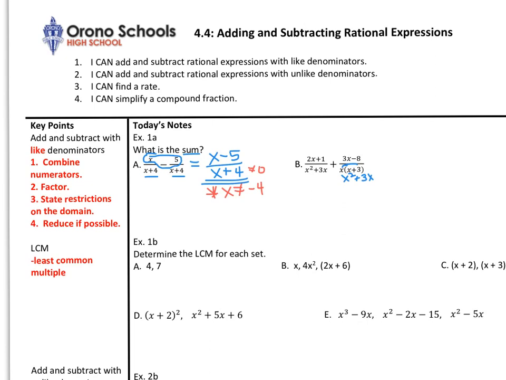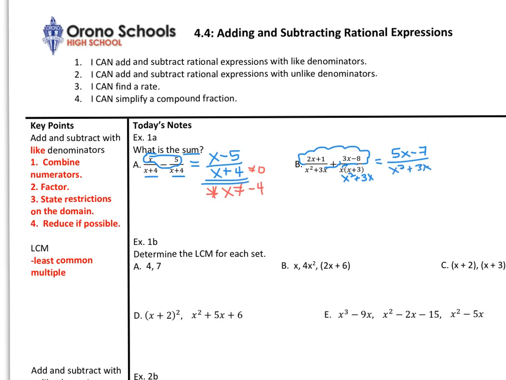What this means is we have like or common denominators. And again, we'll just combine the numerators. And this time it's addition. So 2x plus 1 plus 3x minus 8 would give us 5x minus 7 over x squared plus 3x.